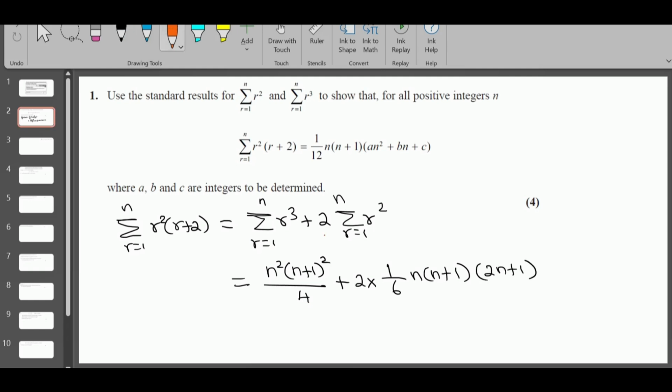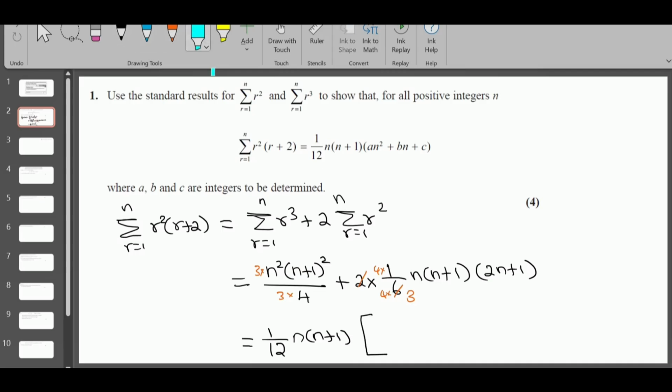So if you cancel this, it's going to be 3. We need 1 over 12 as a common factor. So I'm going to take 1 over 12 as a common factor. To take 1 over 12, I'm going to multiply this by 3, this by 4. So I will get 12 in the denominator, right? And then I'm taking n times n plus 1 also as a common factor.